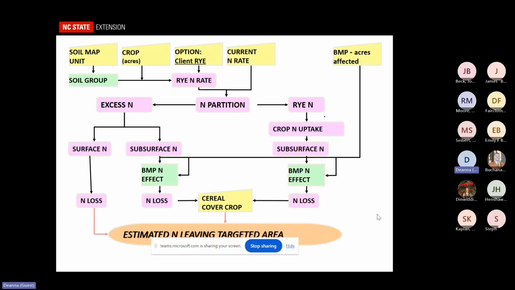And cereal cover crop got approximately a 10% reduction credit. So this ends up being the estimated nitrogen leaving the target area. And so if you're using NLU in the NCANAT program and you want to compare your situation and then what's been done after conservation practices are implemented, then it can calculate the reduction, pounds of nitrogen reduced because of the new conservation practices that you have on the ground.